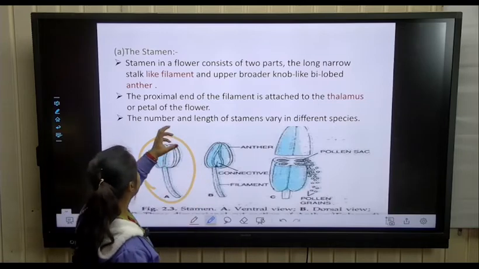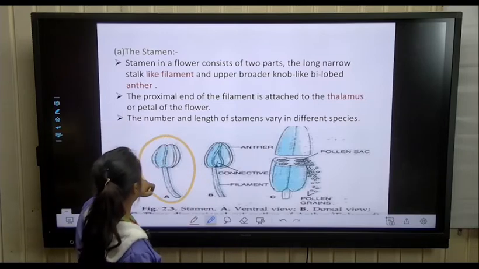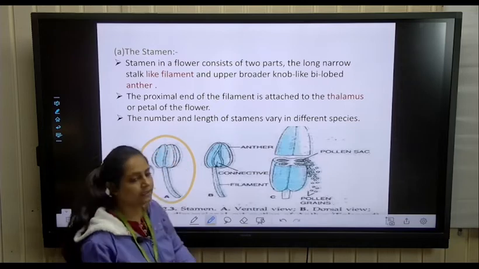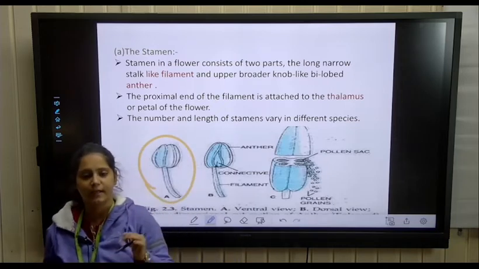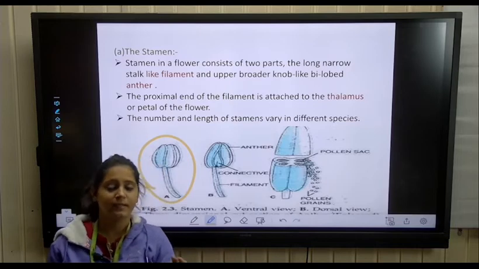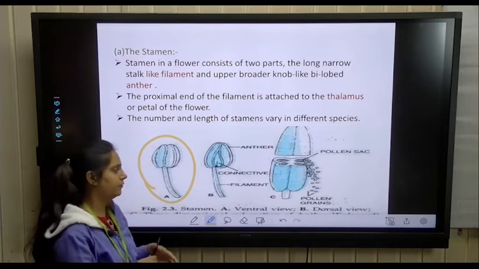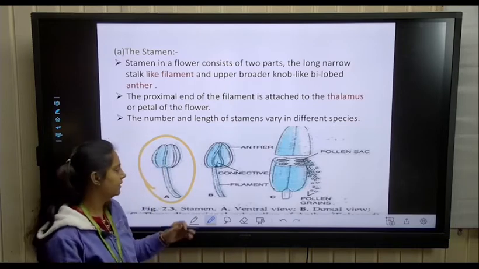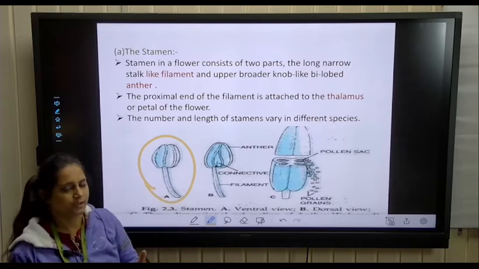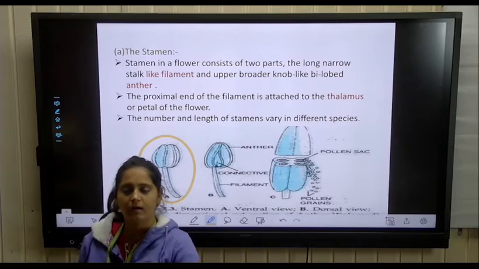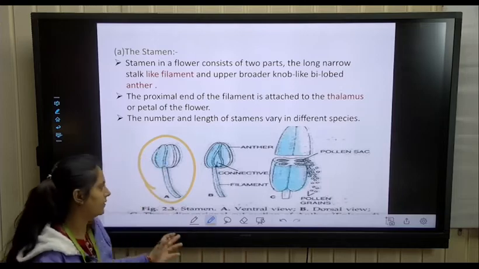The number and length of stamens vary, meaning they are different in different flowers, so we cannot say that there is a fixed length or a fixed number of stamens. They vary in all the flowers, in all the plants.